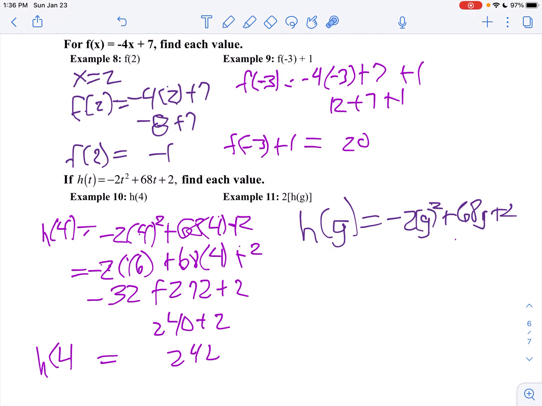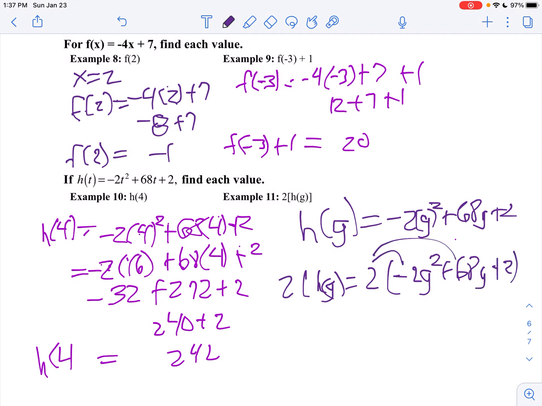Now I'm going to multiply that answer by 2. So I'm going to use my distributive property. I'm going to say 2 times h of g. That doesn't mean I'm going to replace g with 2. It means I'm going to multiply the whole equation by 2. So I'm going to say 2 times negative 2g squared plus 68g plus 2. Well, now I'm going to distribute my 2. So I get negative 4g squared. 68 times 2, we already said is 136, so 136g.